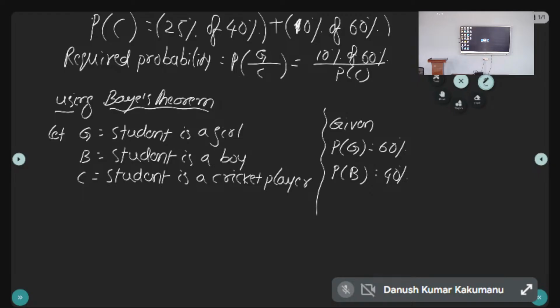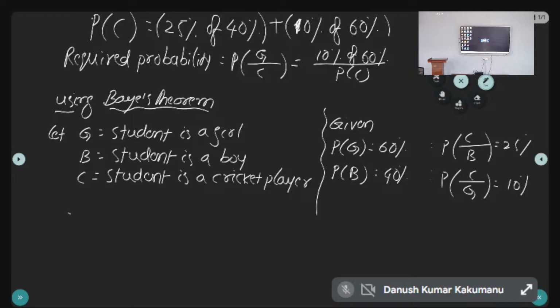What is that 25% and 10%? How to give a notation? P of C by B: already boys are there, among them those who are playing cricket. Cricket playing boys, 25%. Already girls are there, among them those who are playing cricket, 10%.